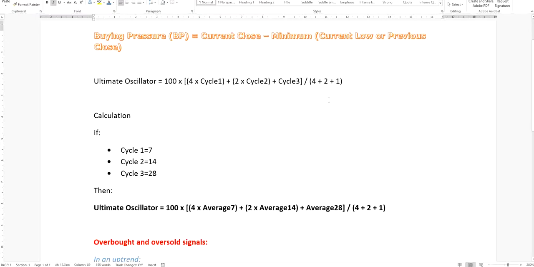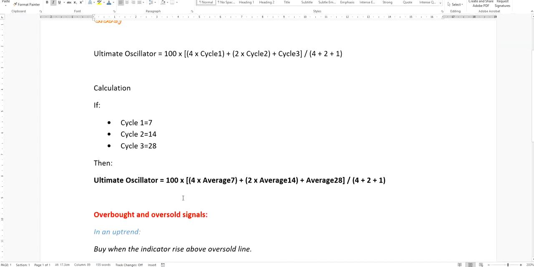As I said, because the cycles are normally set to 7, 14 and 28, if you replace this with the cycles, you get this formula, which is 100 times 4 times average 7 plus 2 times average 14 plus average 28, divided by the sum of 4, 2 and 1.